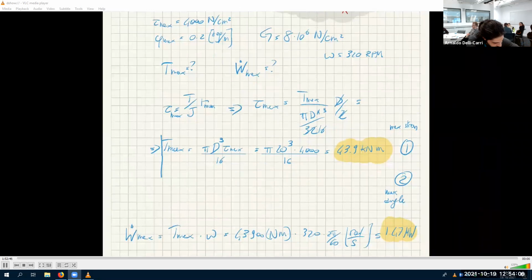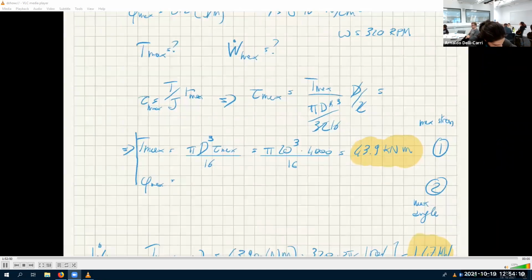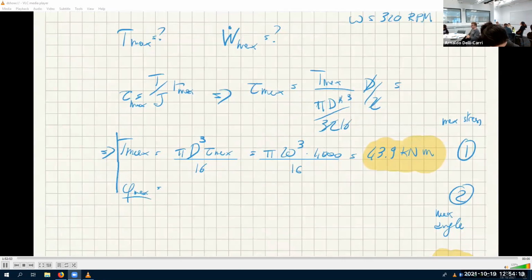What is the angle of twist? TL over GJ. So we know that phi max over L is what we want. It's degrees per meter length. It's T over GJ.